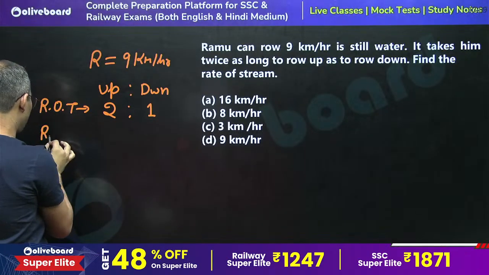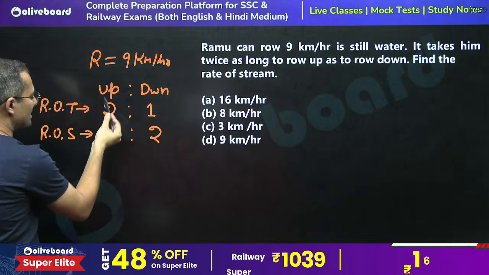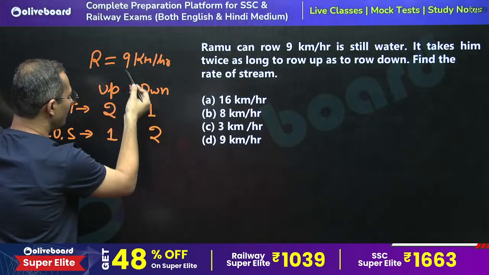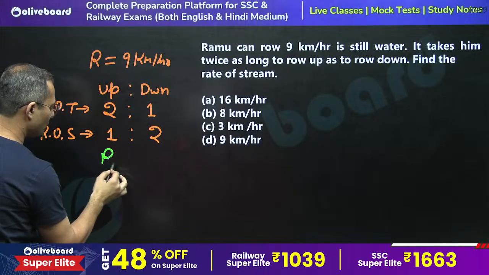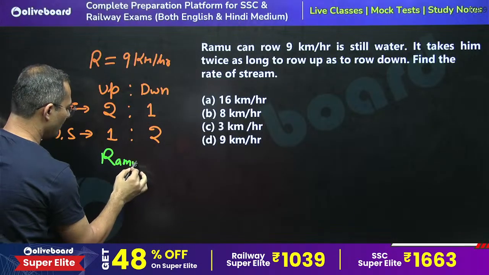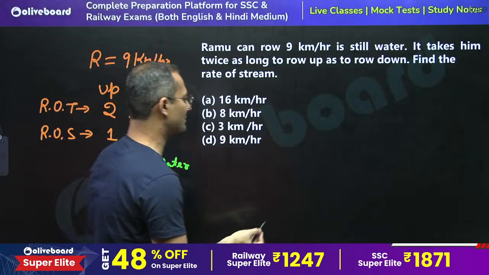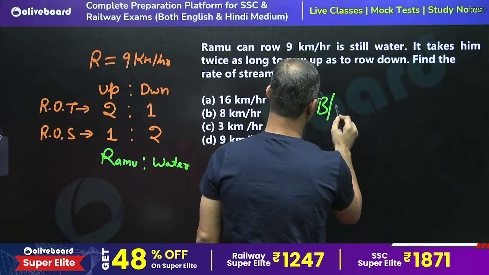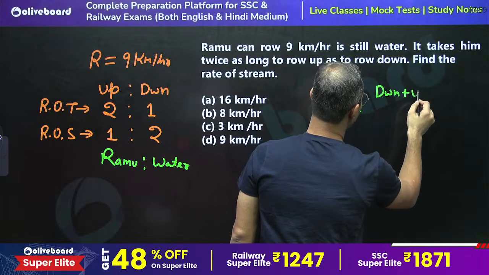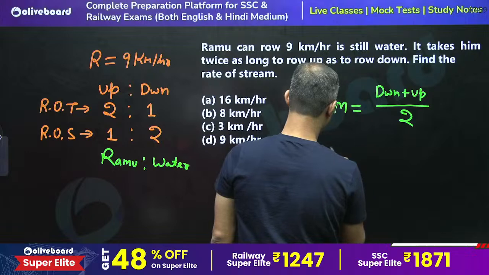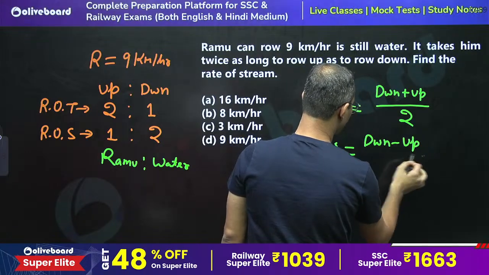So we can say that the ratio of speed is going to be 1 is to 2. But this speed ratio is for up and down. We have to calculate the ratio of speed for Ramu and water, right? We know the formula for the boat or man is (down plus up) divided by 2, and for water it is (down minus up) divided by 2.